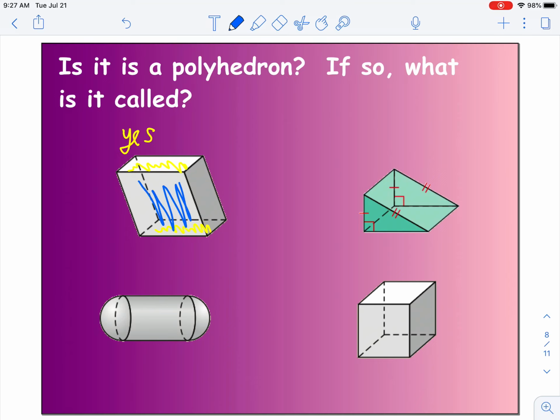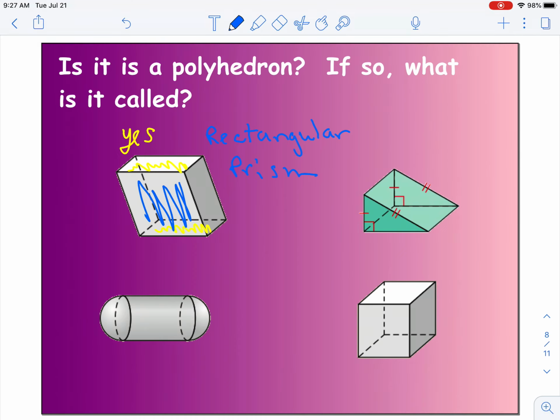We could also use the front and back as a base as well. And it looks like it may be more like a square, but for what we can tell, we're going to call it a rectangular prism. How do I know it's a prism? Because it has the parallel and congruent bases, and all the rest of the faces are rectangles or quadrilaterals.